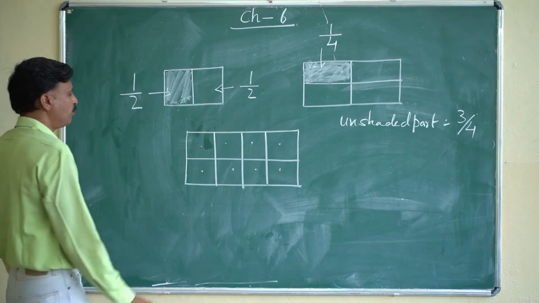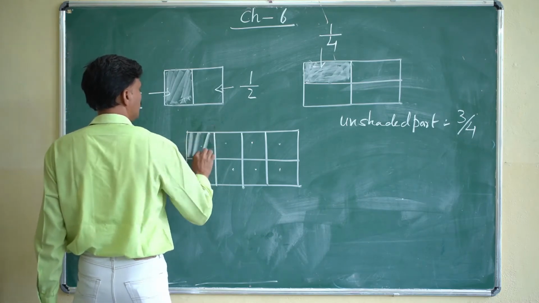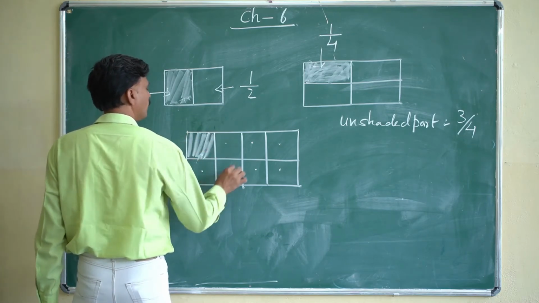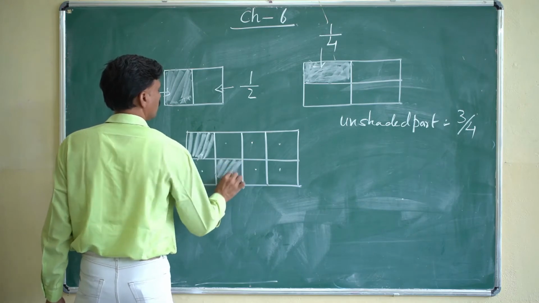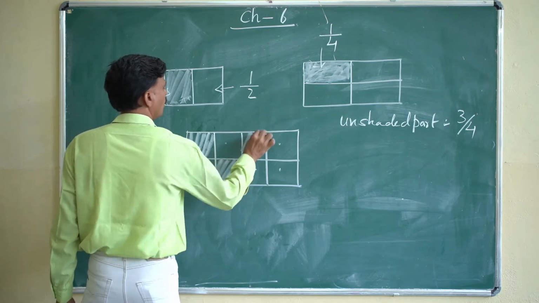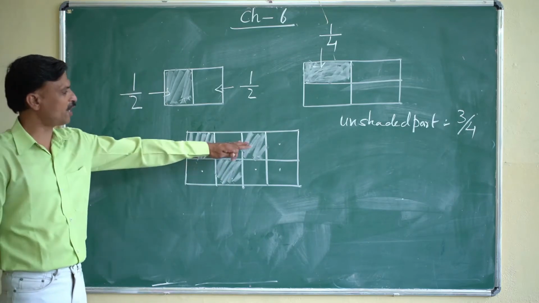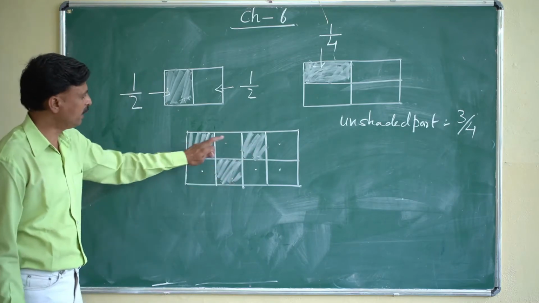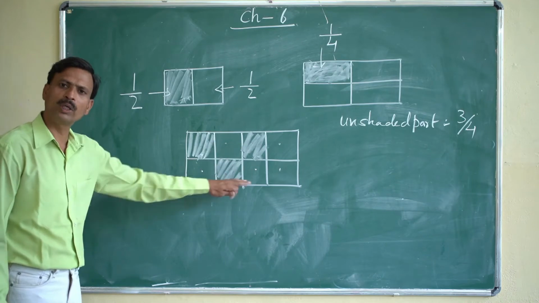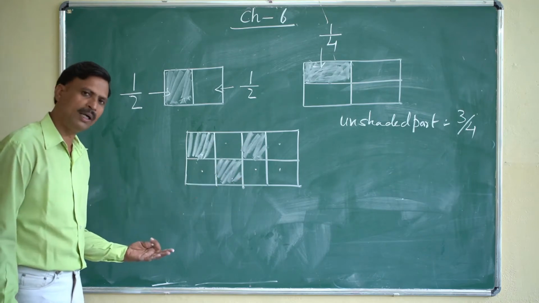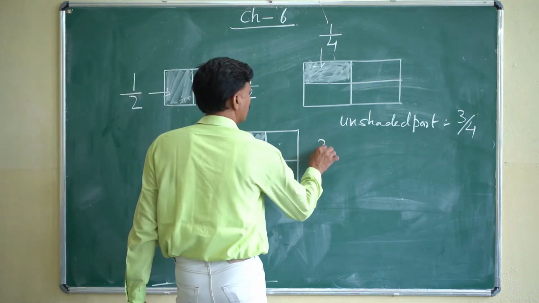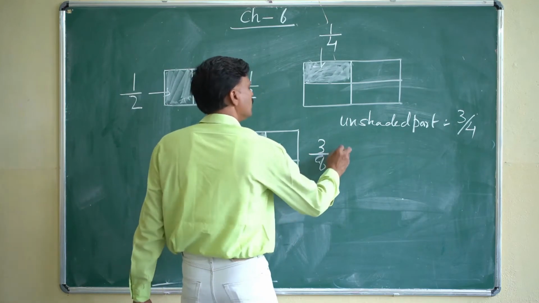So out of 8 parts, suppose I shaded 1, 2, 3. Right? So what will be the fraction of the shaded part? 3 out of total 8. So how will we represent it? 3 by 8. This is shaded.